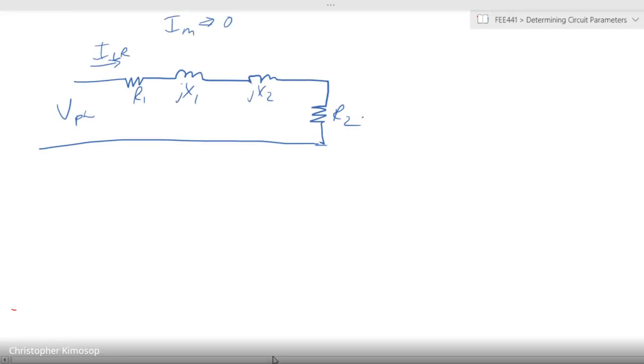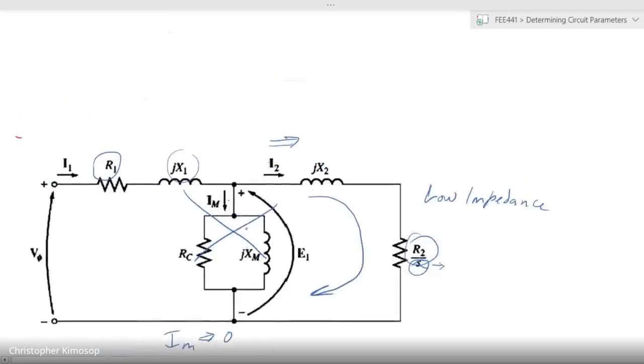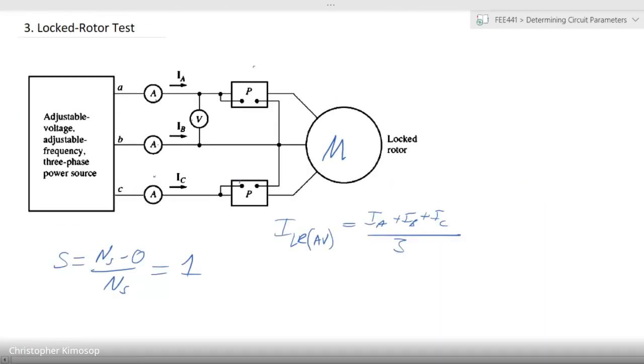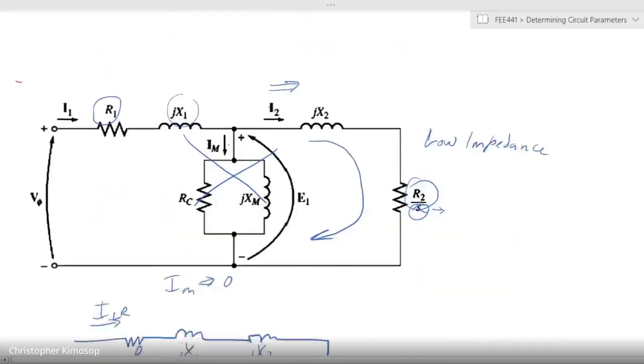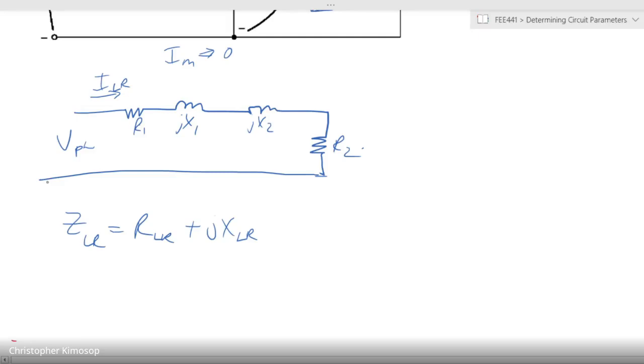So you have your Z locked rotor is equal to R locked rotor plus jX locked rotor. Now remember, here we have adjustable frequency and adjustable voltage. Now we are operating at a reduced voltage, yeah? So these values of reactances are not the rated values.